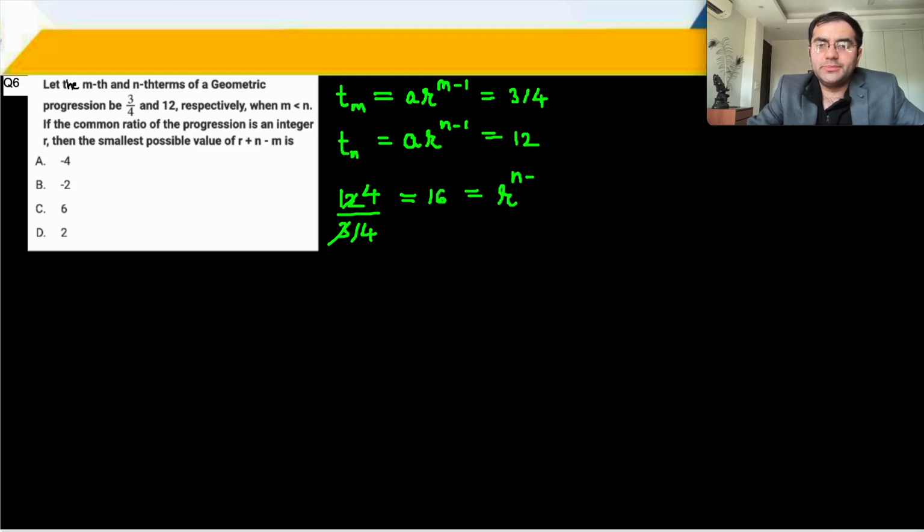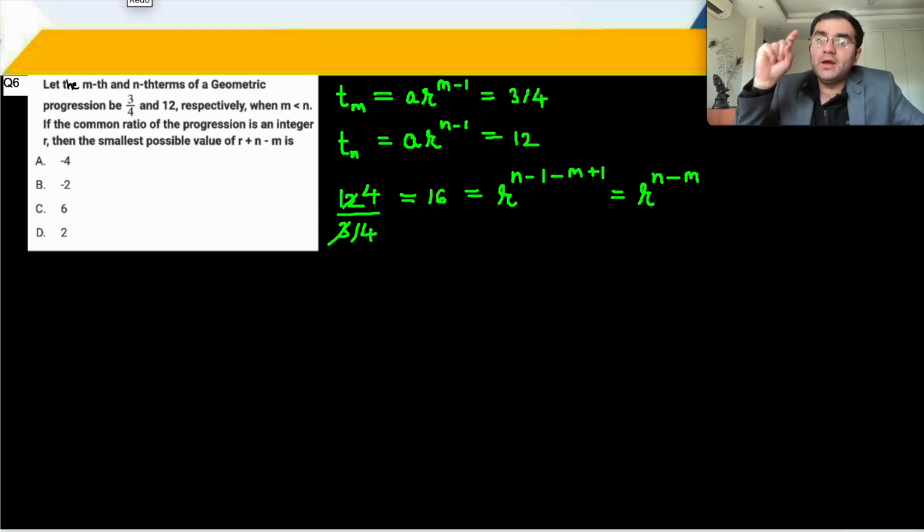So you'll get r to the power n minus 1 minus of m minus 1, which is r to the power n minus m. Okay? Now r to the power n minus m, what happens now is that you need the smallest possible value for r plus n minus m, and n minus m is a positive integer because n is greater than m, right? Now you understand why I did 12 upon 3 by 4.